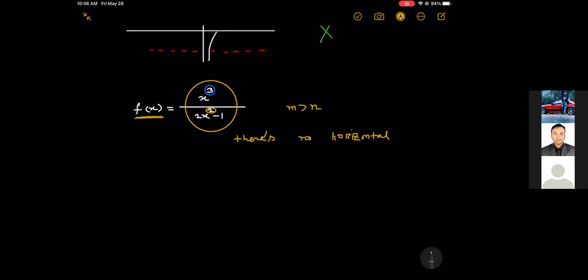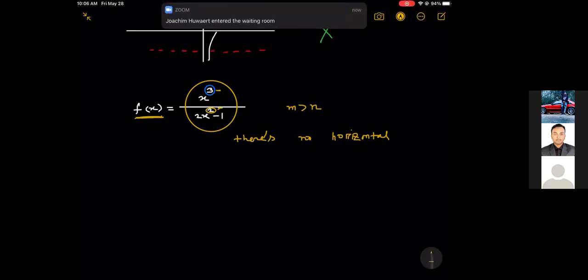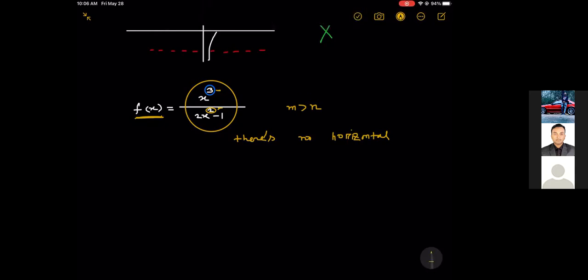I think I'll give it as a multiple choice question because it's a really smallish question. It shouldn't take more than 10 seconds, because you can eyeball that 3 is greater than 2, and there is no horizontal asymptote. So I think I'll go for the multiple choice question again. But if there is any show your work or upload your work place for that question, you can write it down or type it.